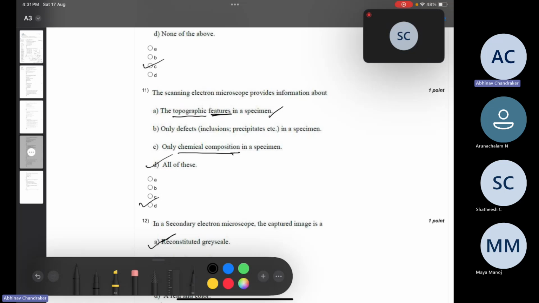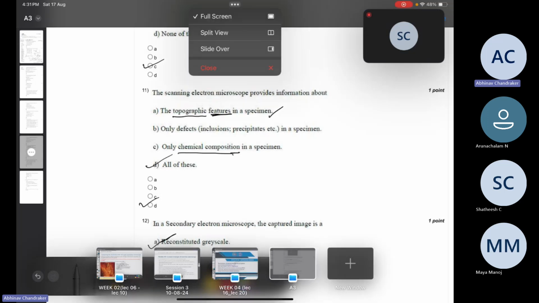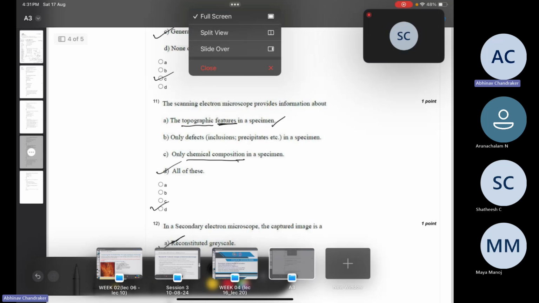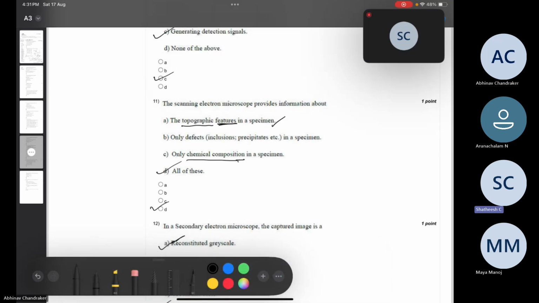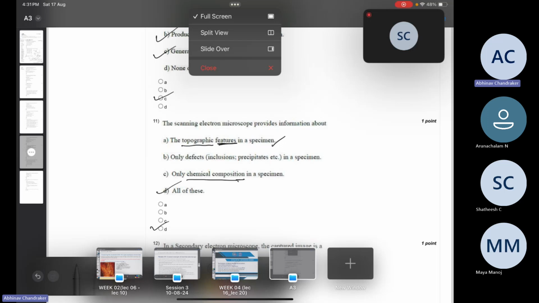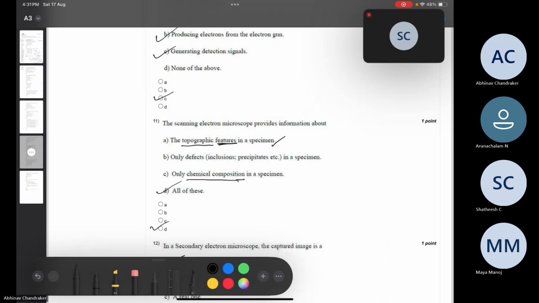But if we try to look at a SEM, what all signals you can get from a typical SEM machine? I think it will be in week three's lecture. Yes. Then there are some other signals also apart from the secondary electrons which you get.